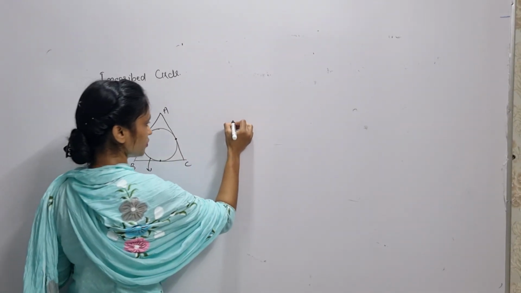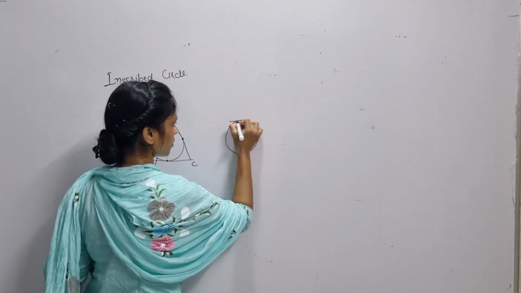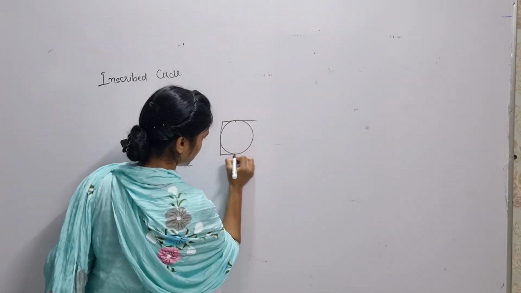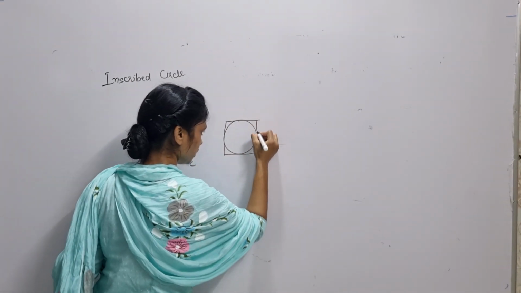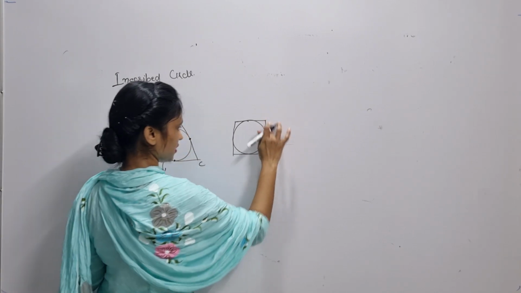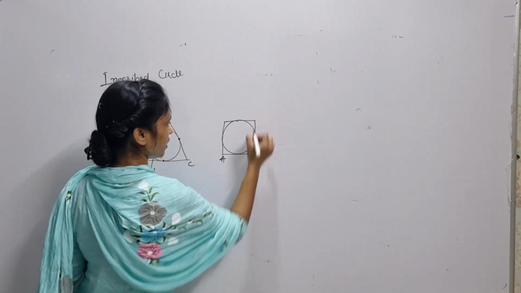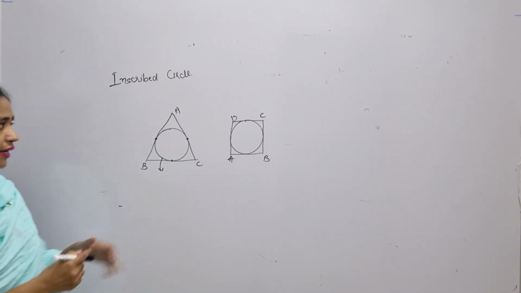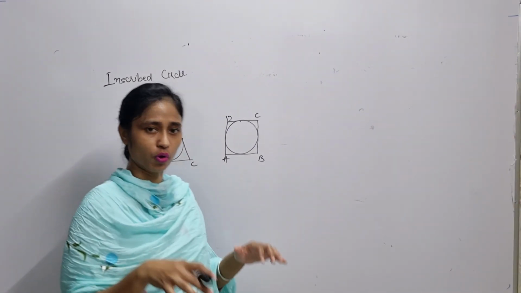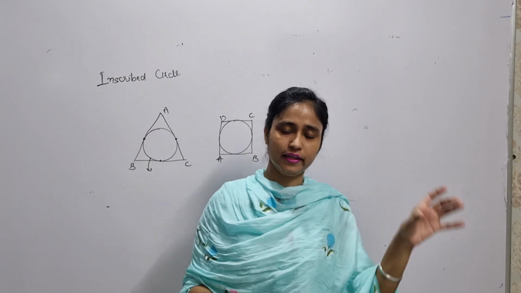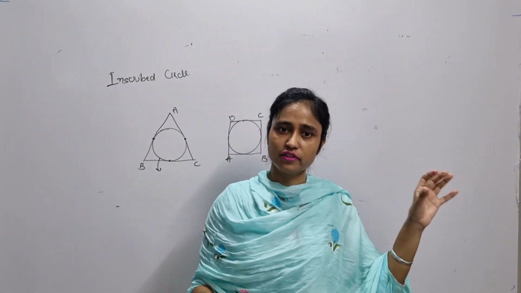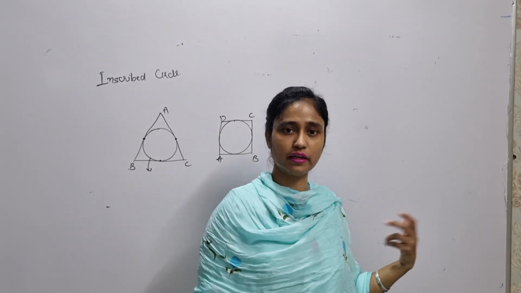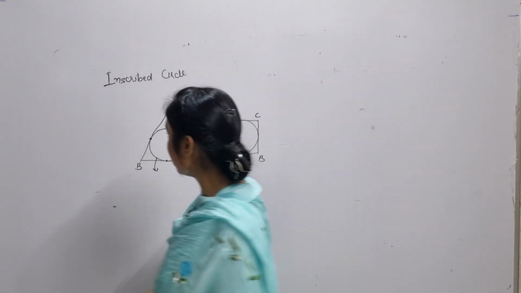A circle which you have drawn inside any polygon in a way that the circle is touching each side of that polygon is said to be an inscribed circle.